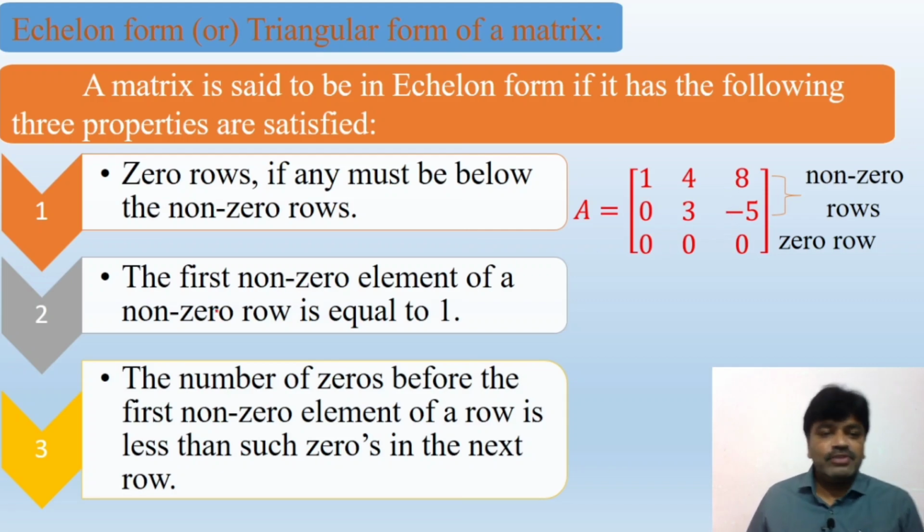The second property: the first non-zero element of a non-zero row. There are 2 non-zero rows. The first element is equal to 1, and 3 also is equal to 1. But property 2 is optional for us, since we are finding the rank. Please remember.